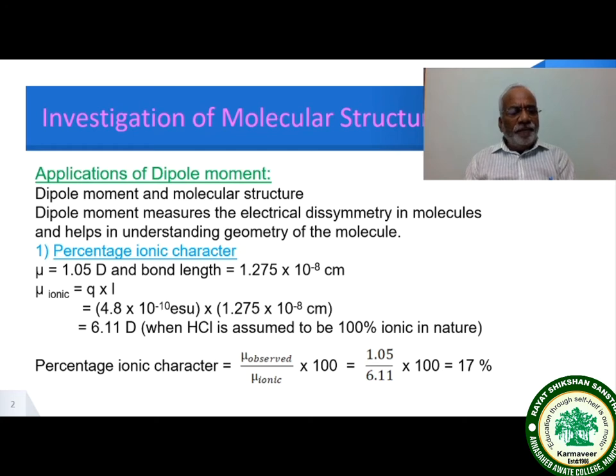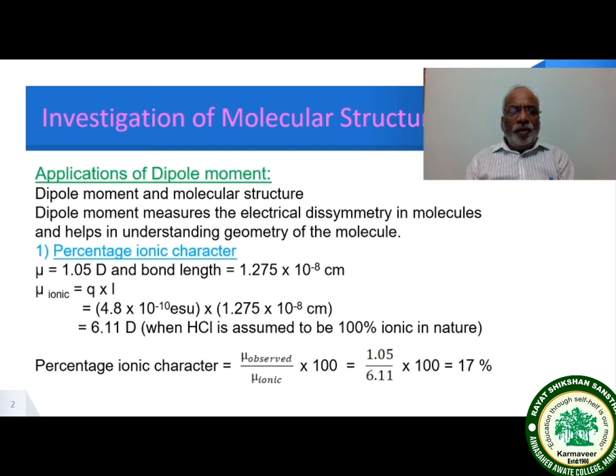It can be evaluated by using the formula mu is equal to Q into L, where Q is charge of an electron, that is 4.8 into 10 to minus 10 electrostatic unit, and L is the bond length or separation distance between hydrogen and chlorine atom in HCl molecule, that is 1.275 into 10 to minus 8 centimeter.